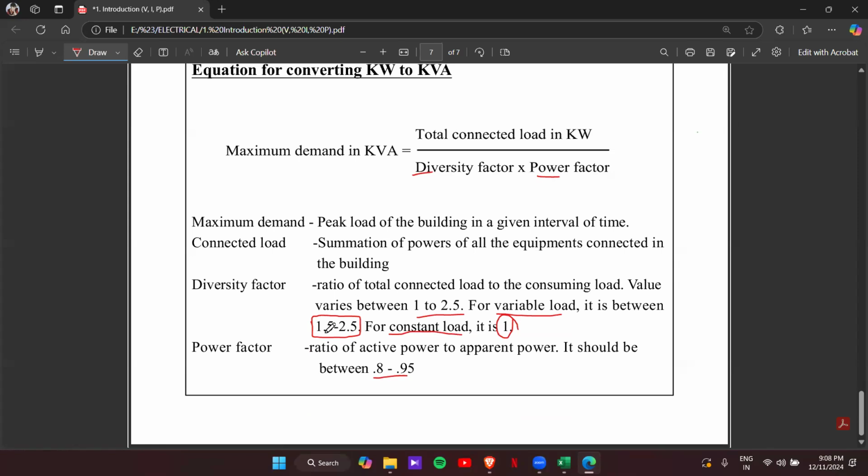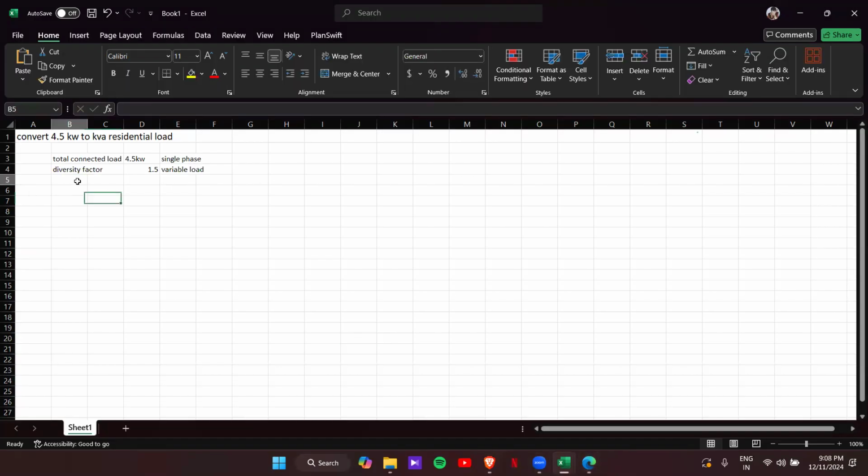Just consider 1.5 as the constant for the diversity factor. Then the power factor we will consider as 0.8. So we have all the parameters we require for our equation. I have the total connected load, the diversity factor based on our variable condition, and the power factor is 0.8. Clear?